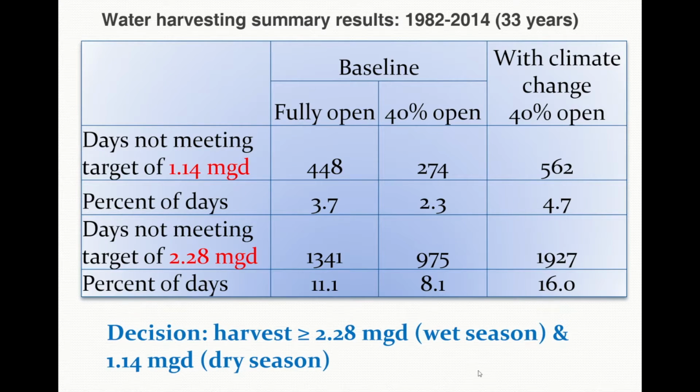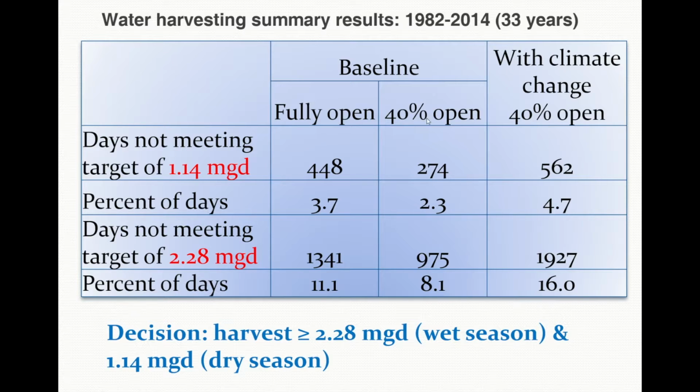So here are the results. We have 33 years of data between 1982 and 2014. We use the models to run these different scenarios and estimate that we can collect more than 1 million gallons a day for most of these 33 years, except 448 days, which amounts to 3.7%. That's if we have the gates fully open.